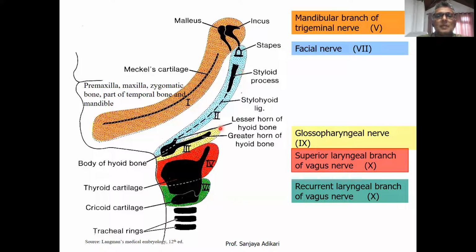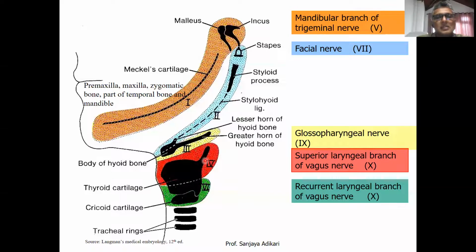Then the pharyngeal muscles develop from the third arch. Third arch nerve is the glossopharyngeal nerve, so they are supplied by the glossopharyngeal nerve. And some of the pharyngeal muscles again, and some laryngeal muscles, develop from the fourth pharyngeal arch mesoderm. Fourth pharyngeal arch nerve is the superior laryngeal branch of the vagus nerve.